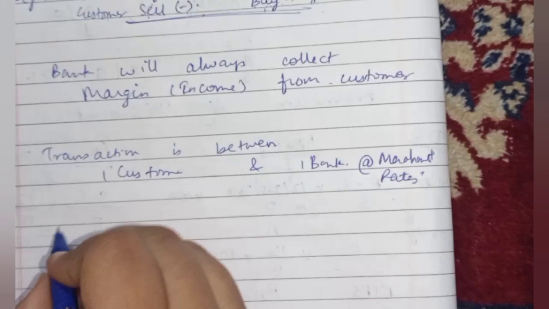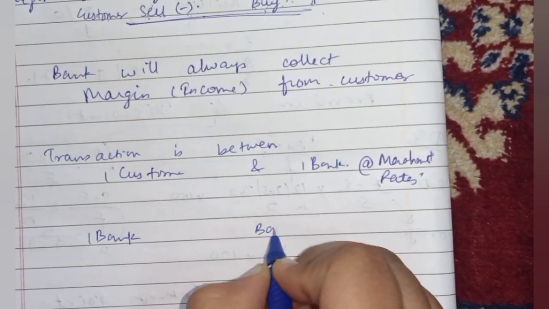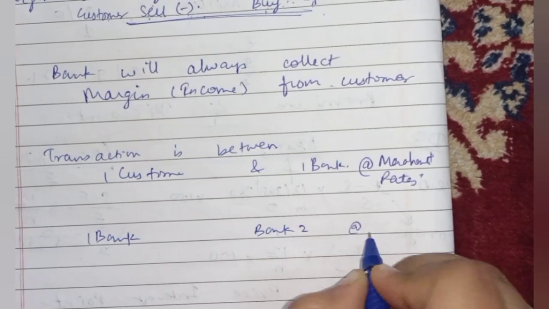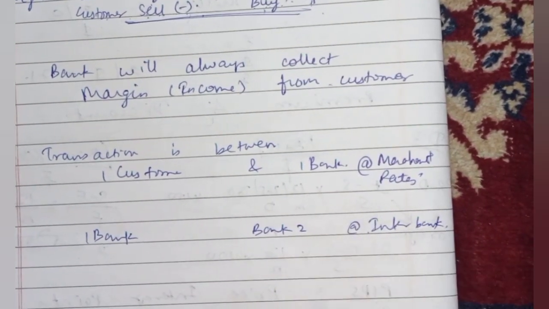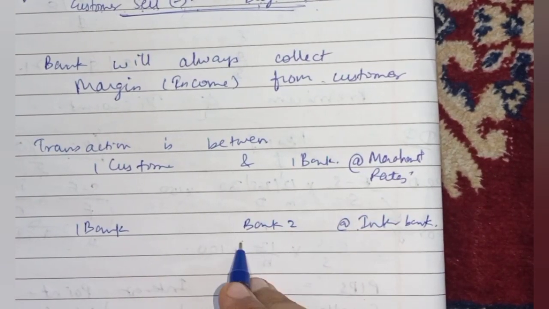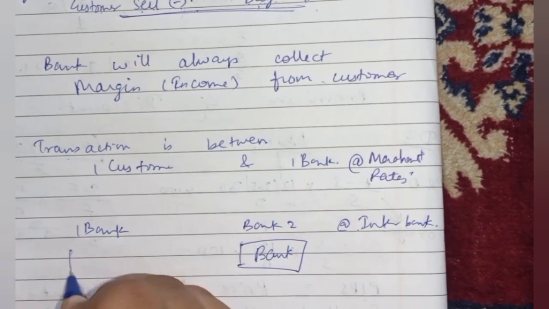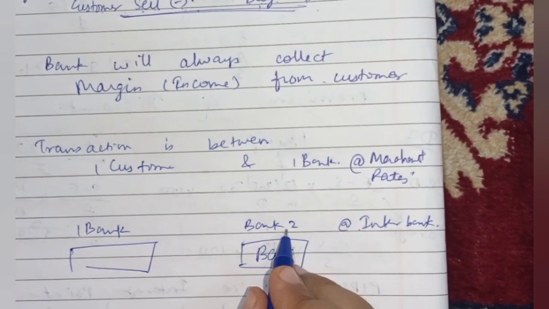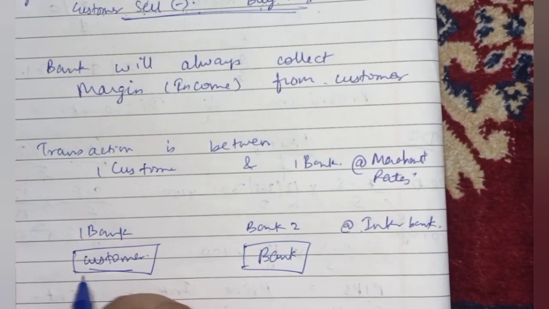But when transactions are done between bank 1 and bank 2, then it will be undertaken at the interbank rate. And also in this case, when two banks are involved, one bank will be purely a bank and the other one will be dealing with another bank as a customer. So this you have to remember.